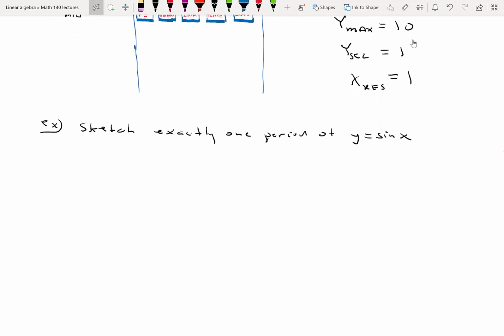What that means is that in my viewing window, I want to see this. I want to see in the viewing window exactly this, and nothing more and nothing less.